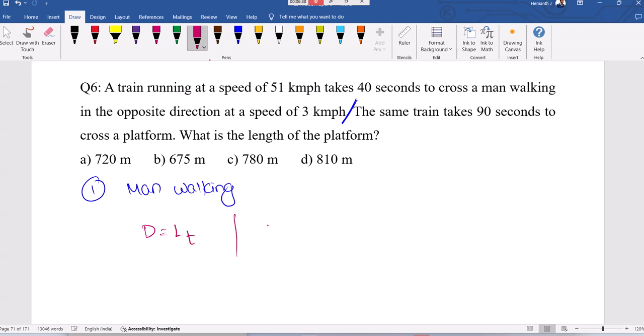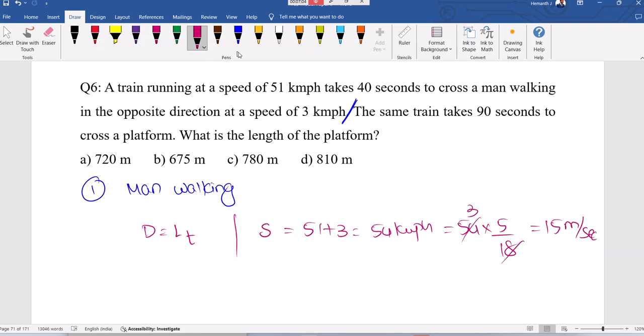Speed, both are moving, relative speed, and that too in opposite directions means speeds must be added. But timing is in seconds, distance is in meters. So it's high time you convert speed to meters per second, which is 15 meters per second.